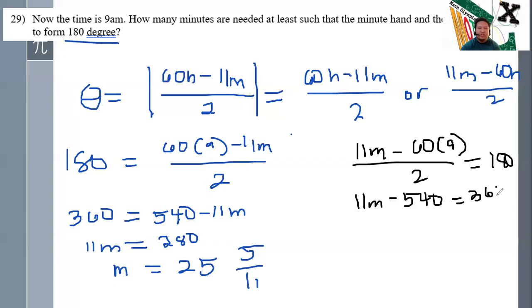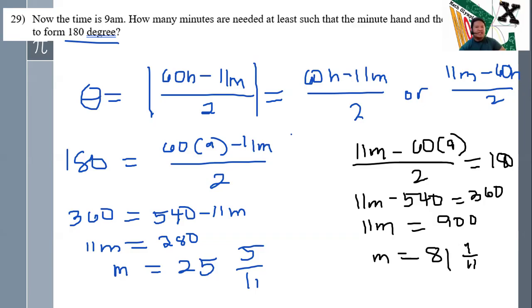You'll notice it's quite bigger, because 11m becomes equivalent to 900. 900 divided by 11 is equivalent to 81 minutes. That's already past 9 o'clock, past 10 already.